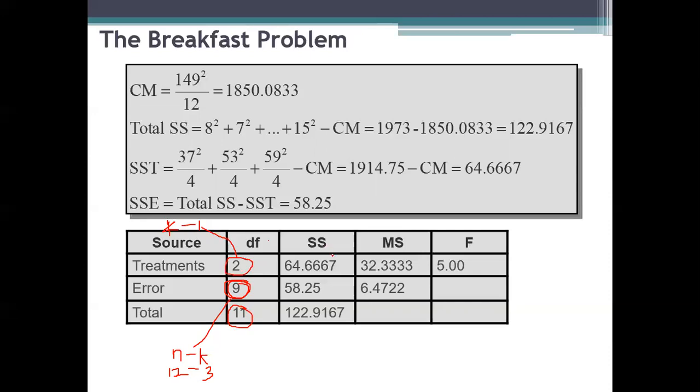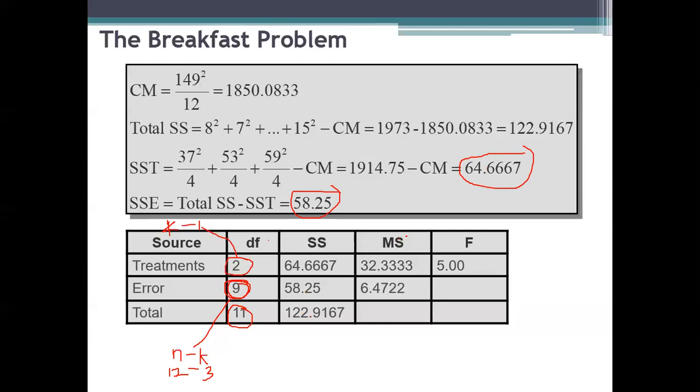Okay, so the value of SST, as we have calculated before, is 64.6667 and SSE is 58. So just insert in the table SST and SSE. To get the total, just add the values of SST and SSE.